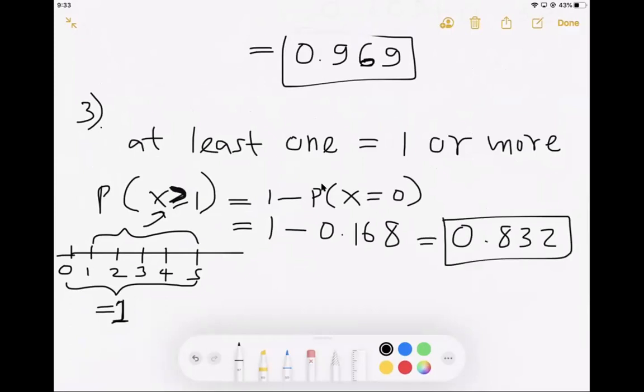So the answer for the third part is 0.832. If you want, you can separately add x is equals to 1, 2, 3, 4, 5. Or the easiest thing is 1 minus rest. It is only 0 value. Okay. So this is the final answer.